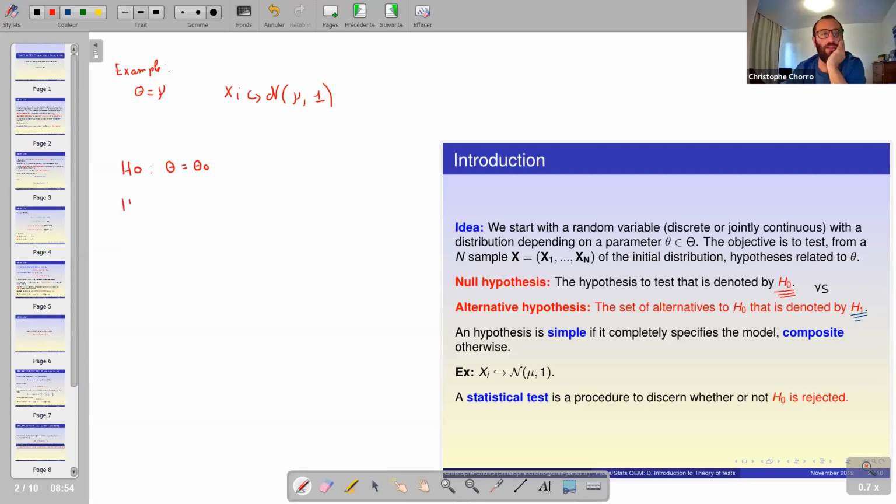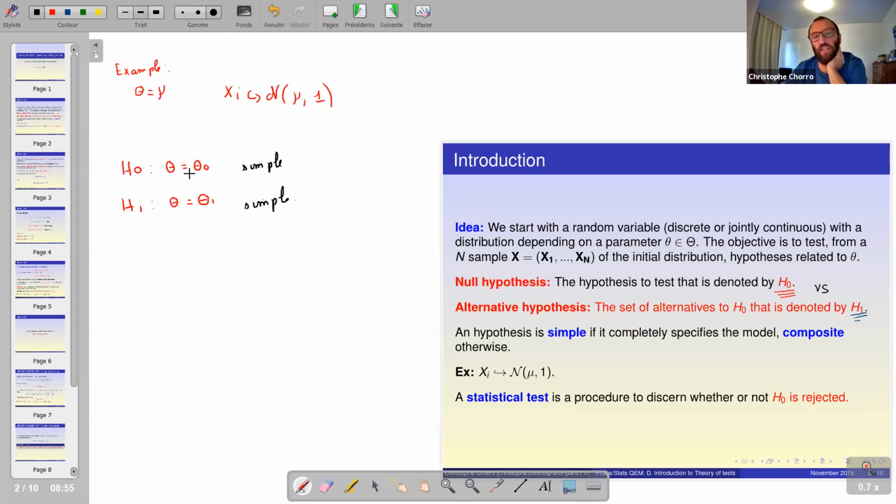And I can test it against, so it will be the first example we are going to do after, theta equal to another value, okay? So you have a small theta here, theta 1, theta 2, okay? So here we have a simple hypothesis, and also a simple hypothesis here. Why do I have this?